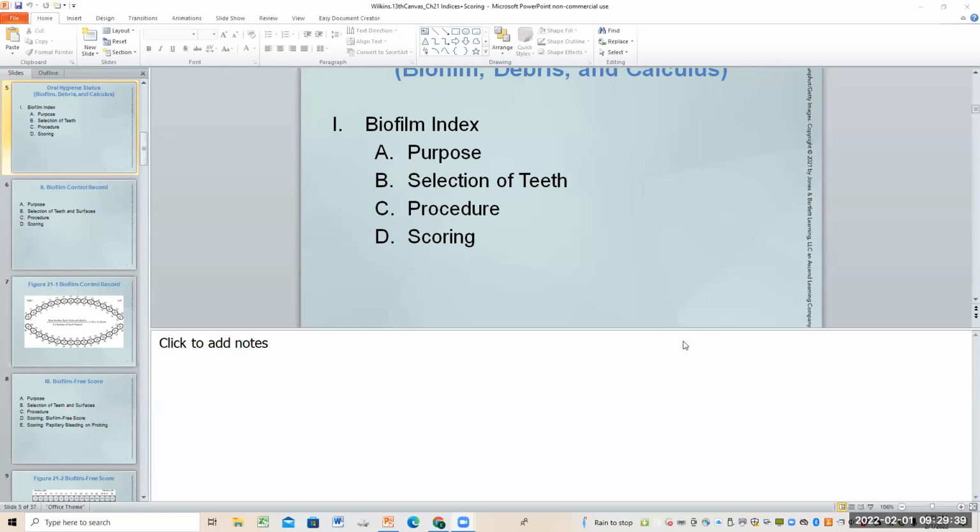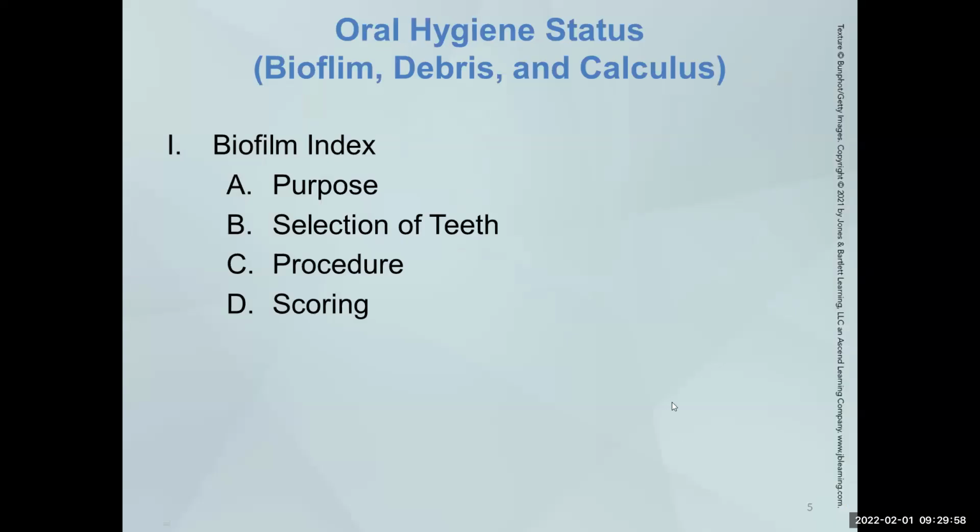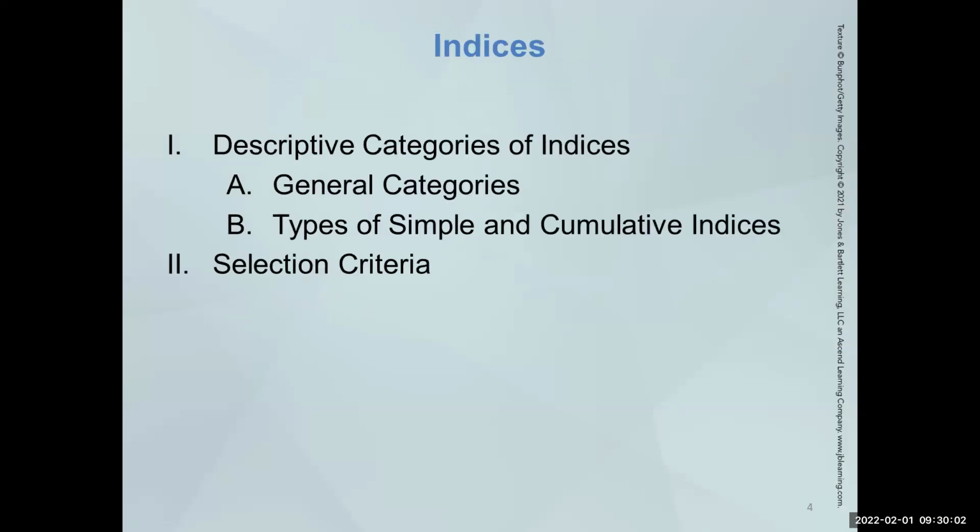Okay, can you see biofilm scores here, or did I pull up the wrong one? We can see. Okay, all right. When I'm sharing a screen, there is a green square around it. So do you see the indices slide now? Yes. Okay, thank you for letting me know.